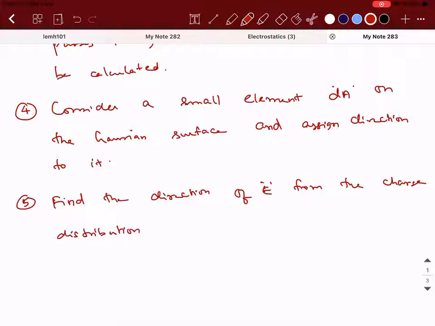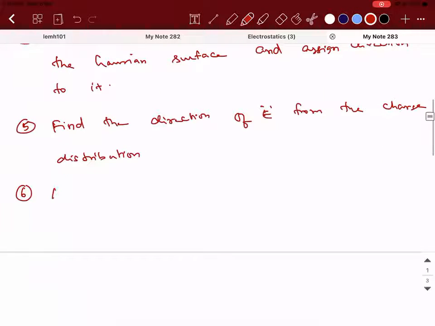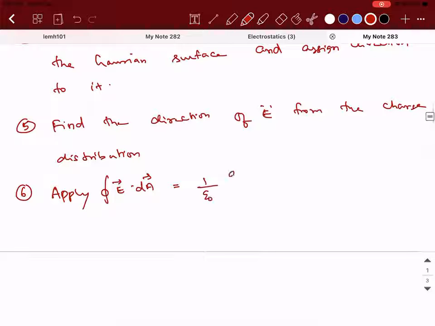Sixth, apply the loop integral of E vector dot dA vector is equal to 1 by epsilon naught times the charge enclosed.